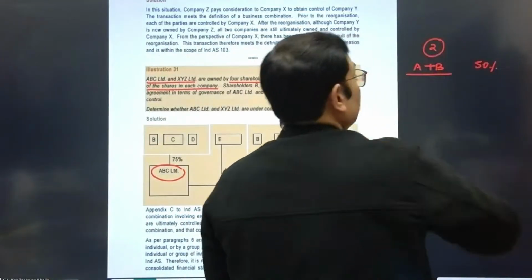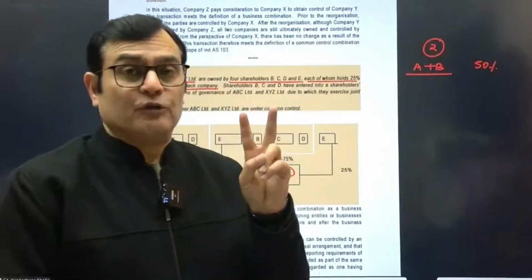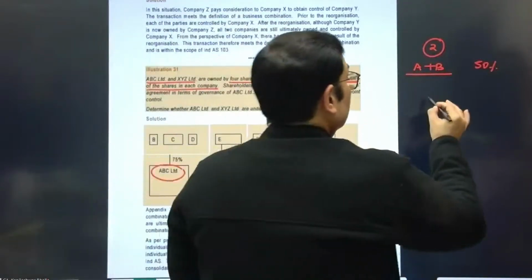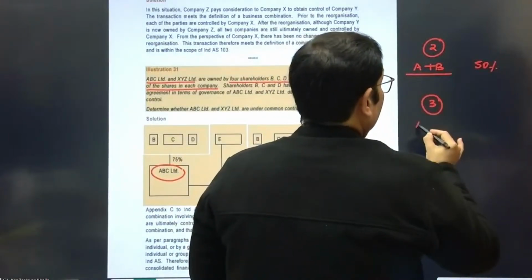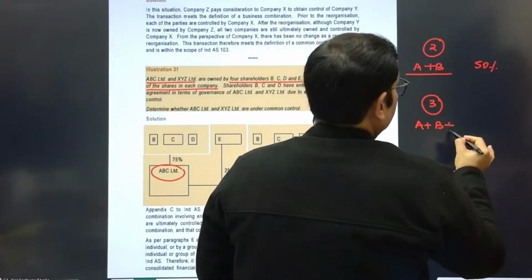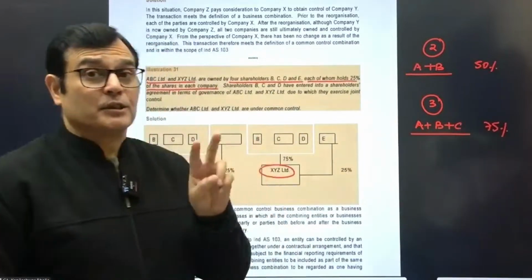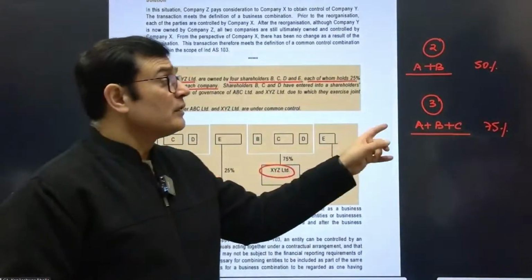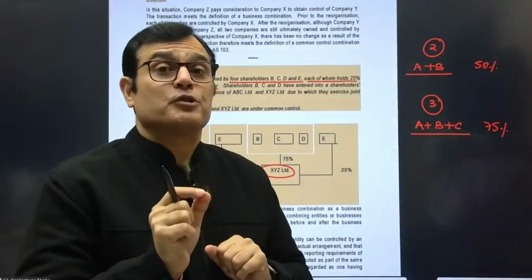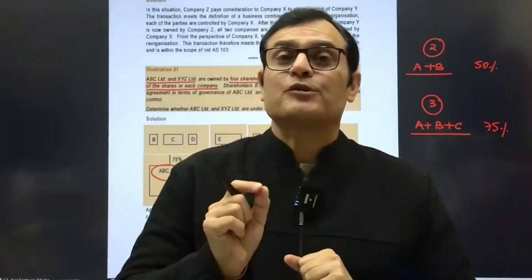So if you combine only 2 shareholders, nobody can get a control of this company, whether it is AB or AC, AD, whatever combination. But the moment you enter into a combination of 3, let's say A plus B plus C, it makes it 75%. And the control will come. But this is not a case of control. It is a case of a joint control.